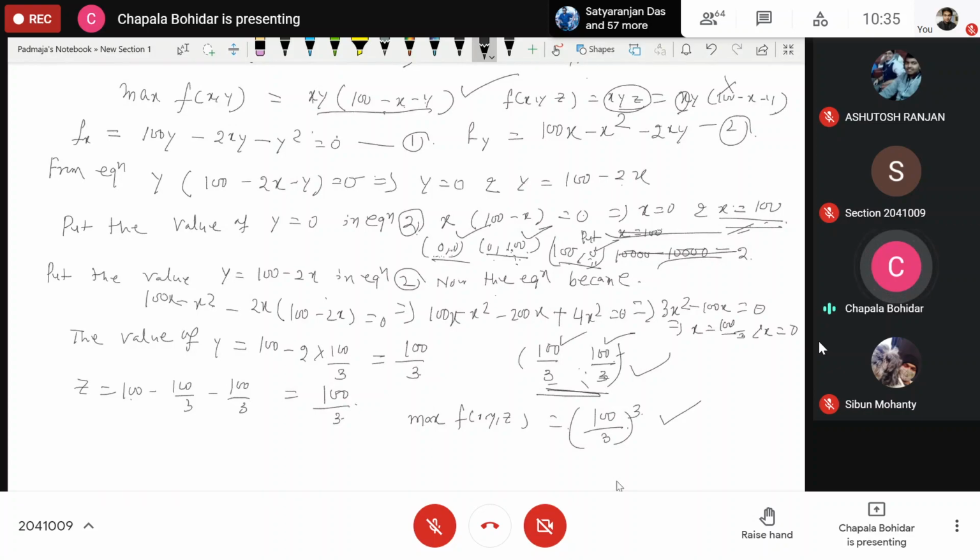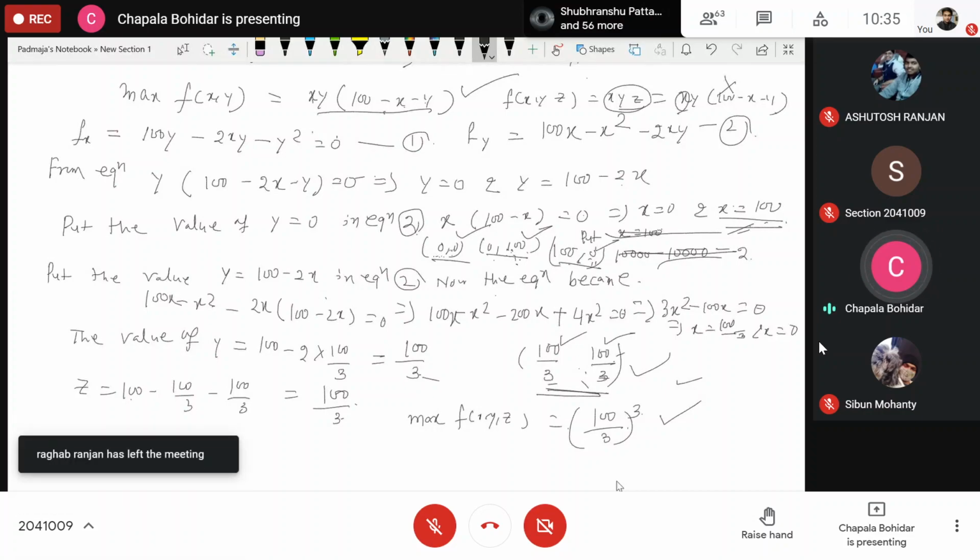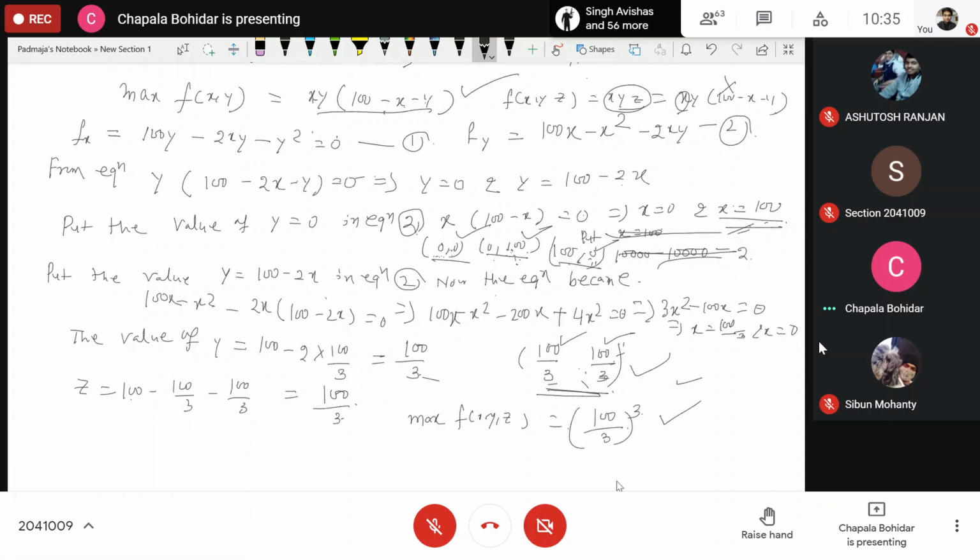It is not necessary here to write down all critical points. You got 100 by 3, 100 by 3, it is okay. Because if you are getting 0, then you find out from this point 100 by 3, then write down your product value. You may get the question as maximum product value, you may not get it like that.